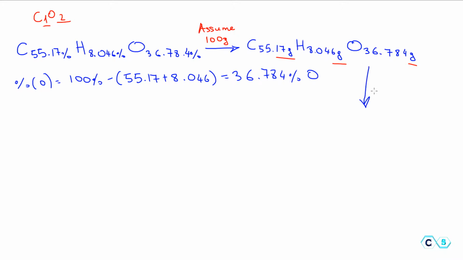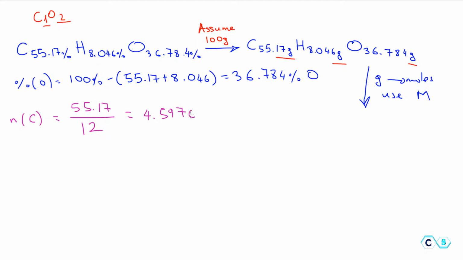Second, we convert the mass to moles. So use the molar mass, M. Divide the masses by their molar masses, and what you will get is the number of moles. The number of moles of carbon will be equal to 55.17 grams divided by 12 grams per mole, which gives us 4.5976 moles.